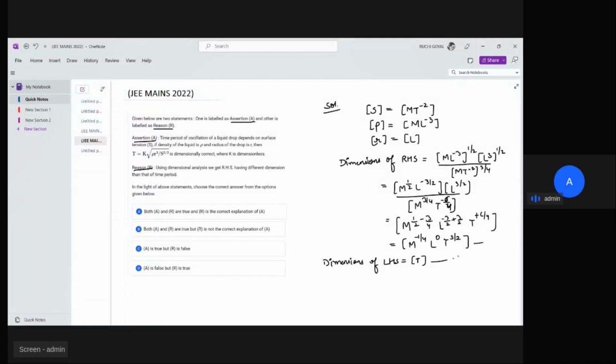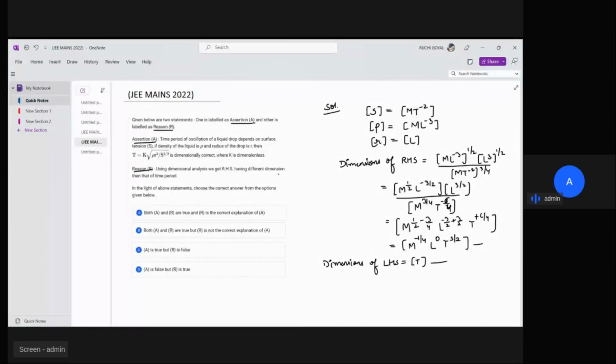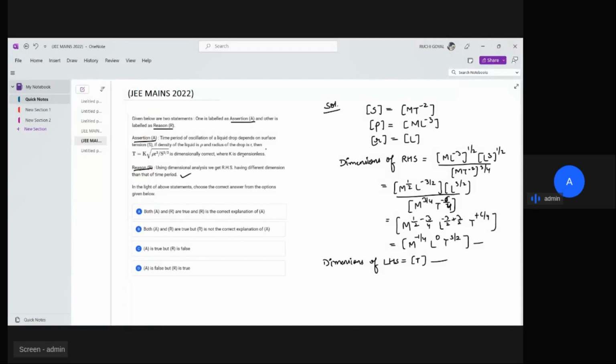So what we can say from here is that A is false but R is true, because using dimensional analysis we get RHS having different dimensions than that of time period. So D is the correct answer for this question.